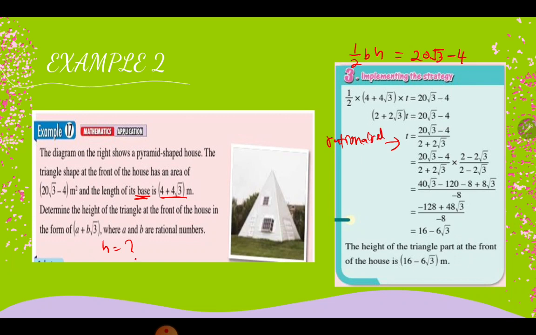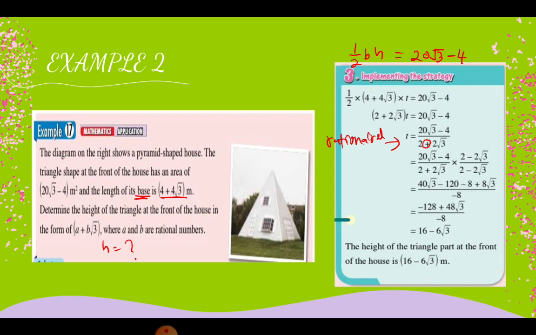Okay, so we look at the denominator, we see that the denominator involves a surd and the operation is addition. So in order for us to rationalize this fraction, these irrational numbers at the denominator, we need to multiply with the conjugate surd.